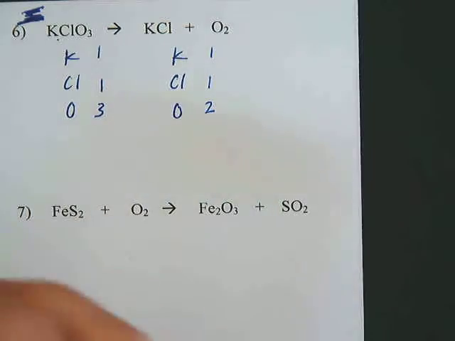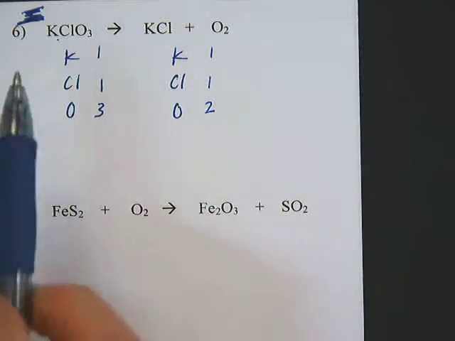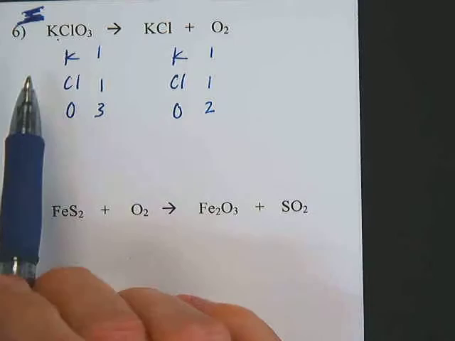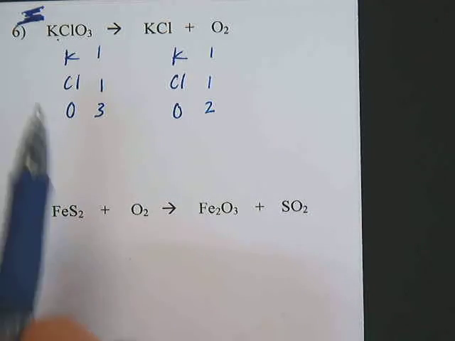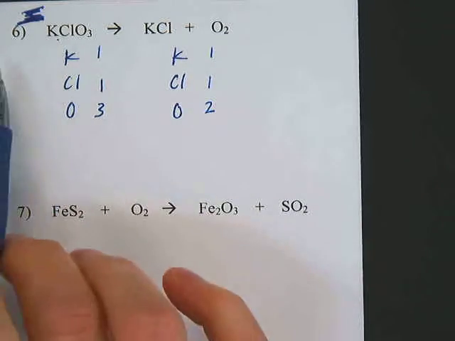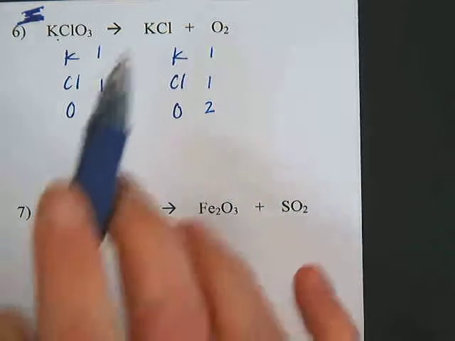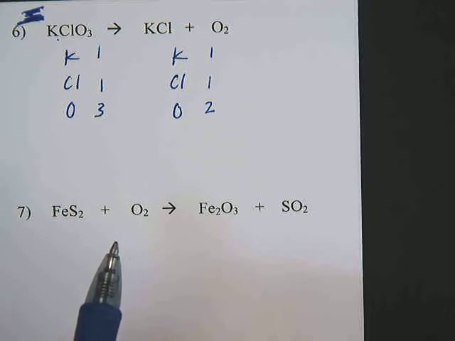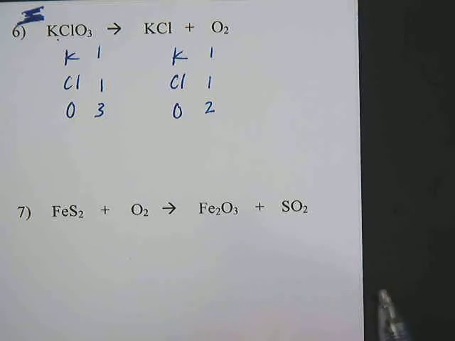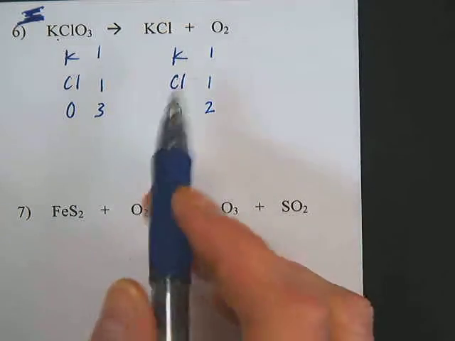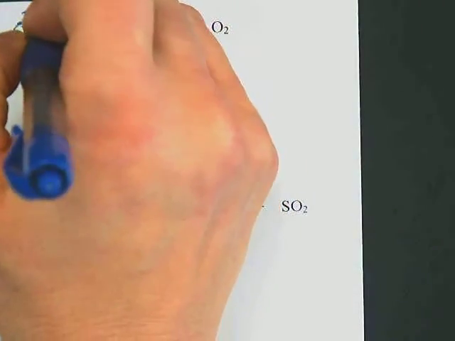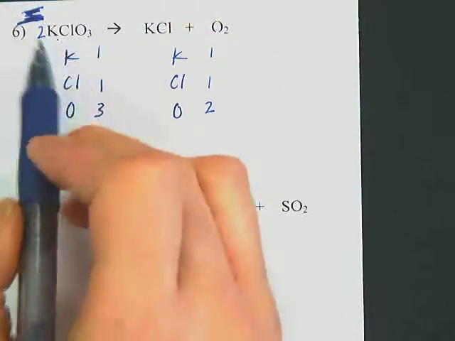But oxygen, we have 3 on the reactant side and 2 on the product side. This is going to be harder to balance because you can't just put one subscript in and make it work. You're going to have to use a coefficient, excuse me. So you have to use a coefficient on both the reactant side and the product side. So it's kind of like when you do fractions, you have to do the lowest common denominator.